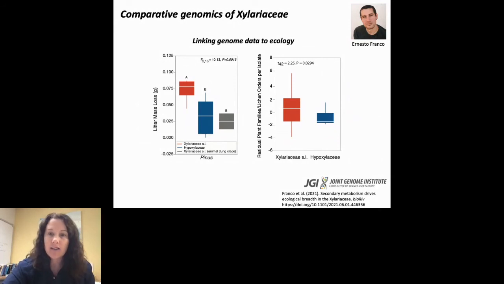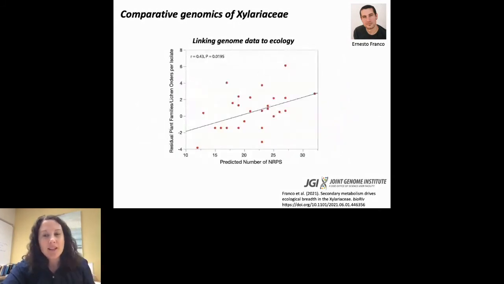Lastly, I just want to show that, interestingly, we found an association between the phylogenetic breadth of endophytes and the predicted number of secondary metabolites classified as NRPSs. This is just for endophytes in the Xylariaceae.